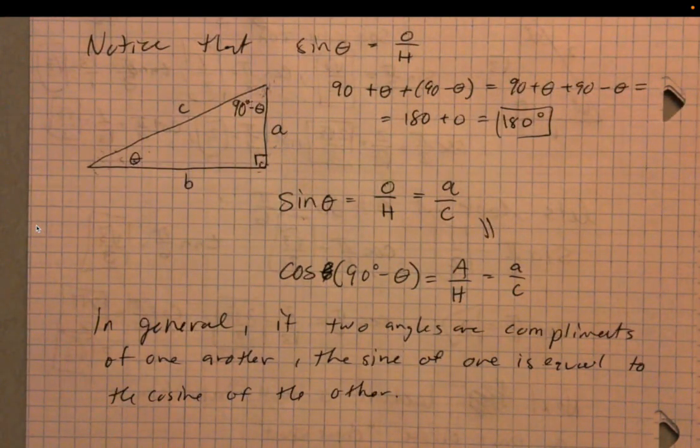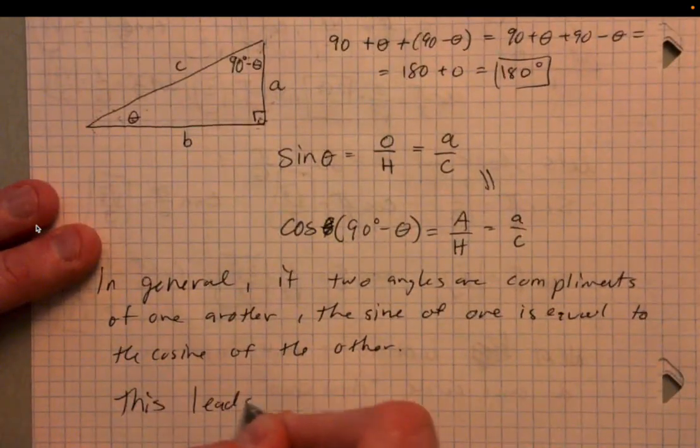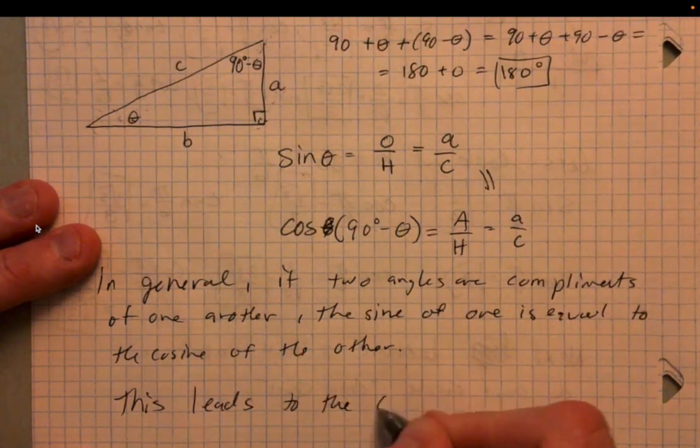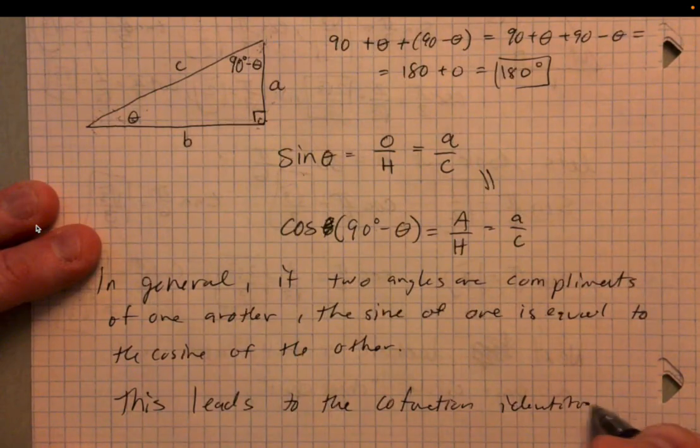Okay, right, and so this leads to a very nice set of identities called the cofunction identities. Okay, then what are those cofunction identities?